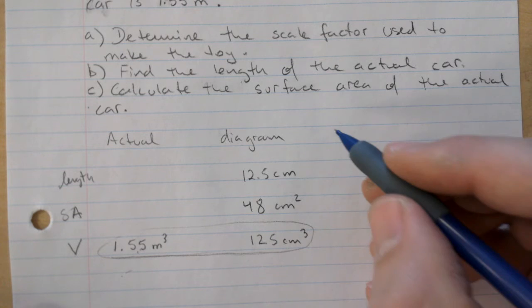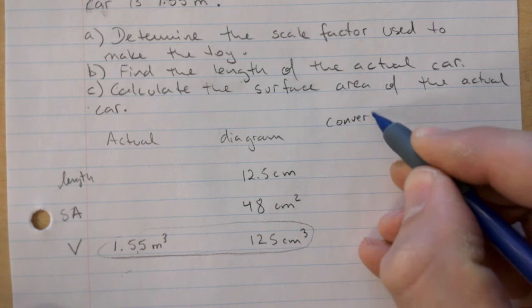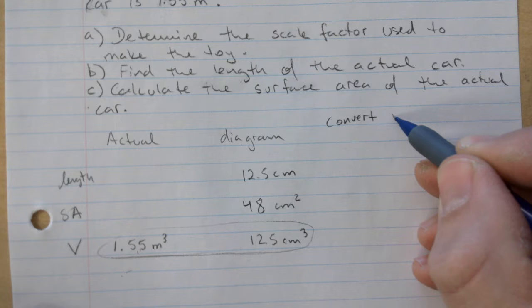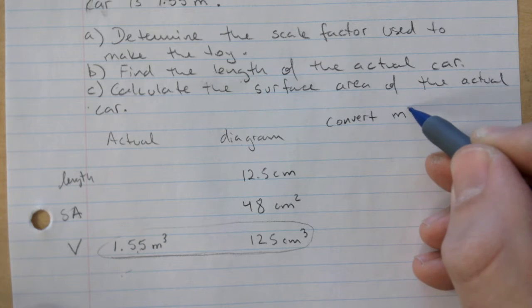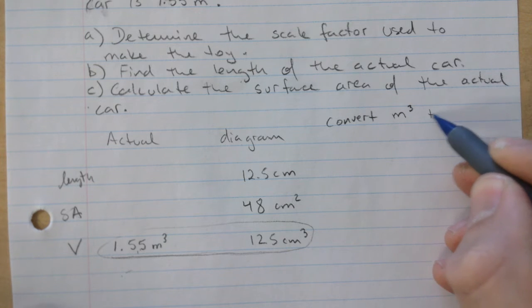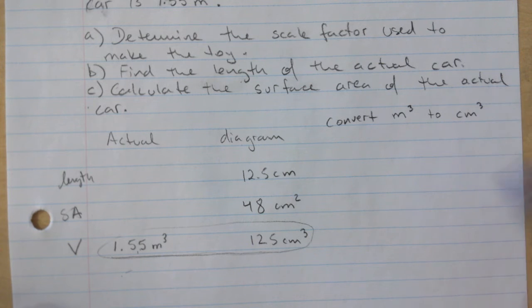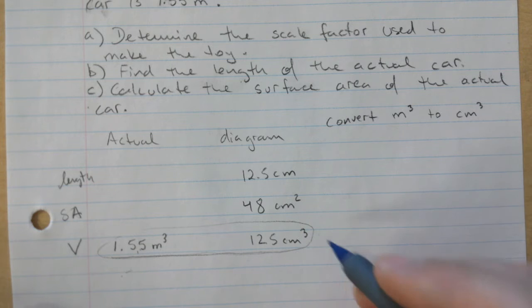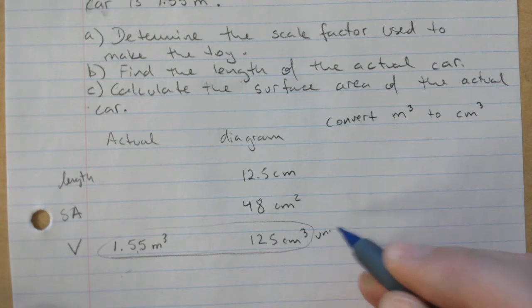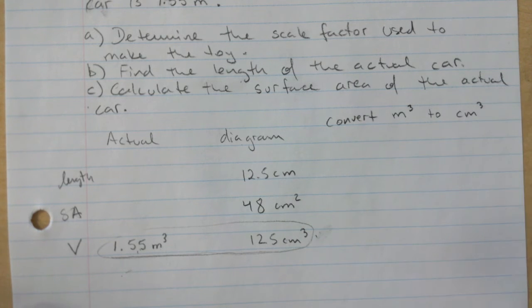First thing I'm going to do is convert. It's up to you how you want to do this. I'm going to convert the cubic meters to cubic centimeters, right? I'm going to take this and convert it to centimeters cubed because the units are different. So how about we just make a note here, units, right?